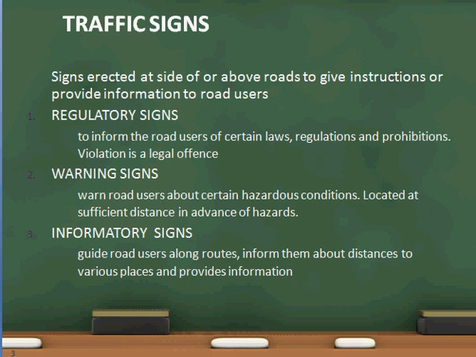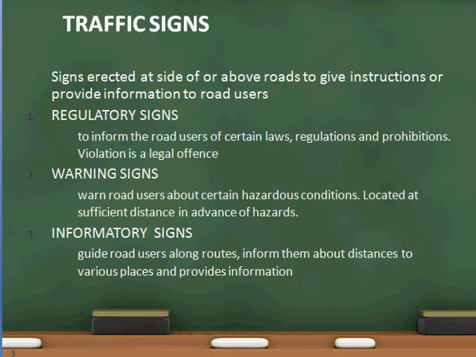Next is informatory signs. These are used to guide the road users along the routes and to inform them about the distances to various places. They provide information on the various facilities that are available on the road. So these are the three classifications of traffic signs.